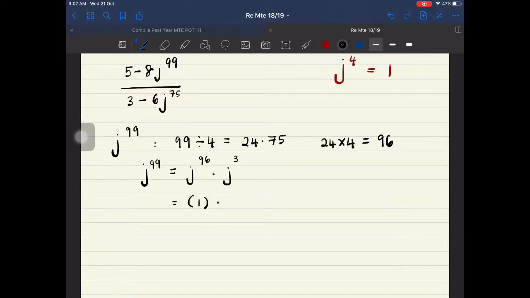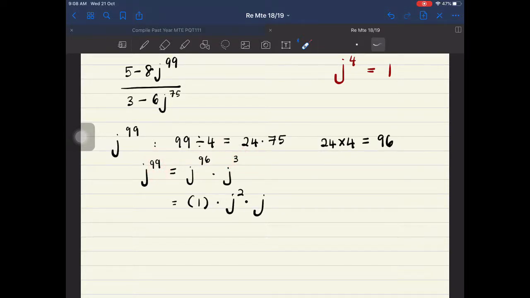If you don't know what j cubed is equal to, you can simplify this as j squared multiplied by j. Here as you can see, 96 plus 3 gives you 99.